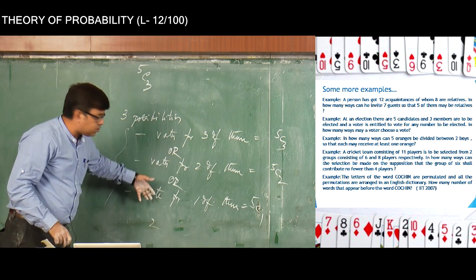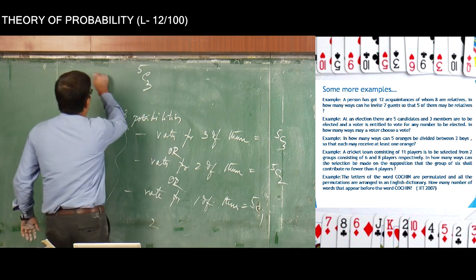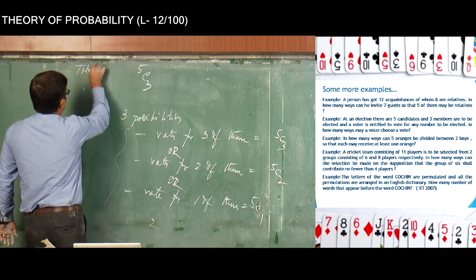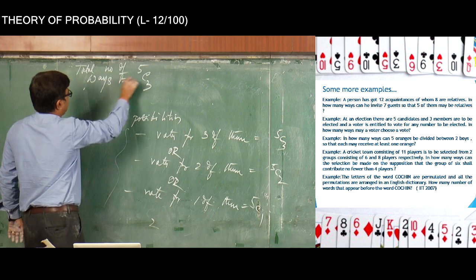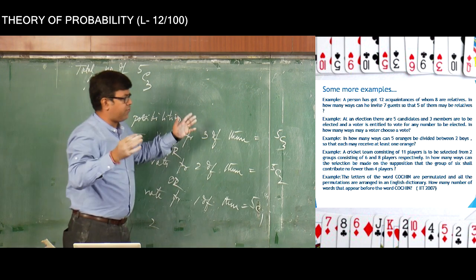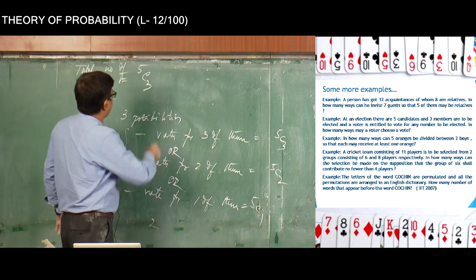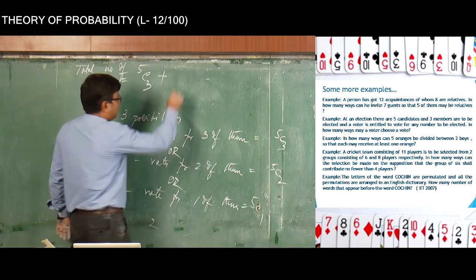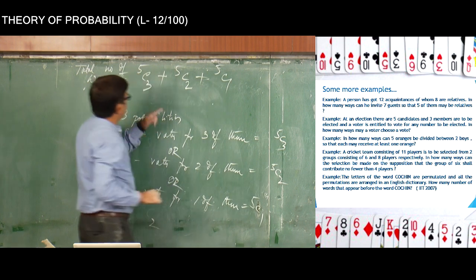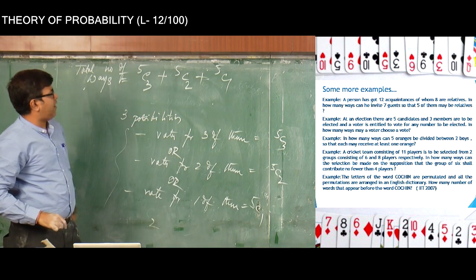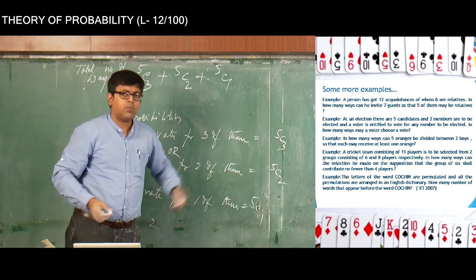Therefore, the total number of ways that he can vote from a possible 5 candidates at election will be 5C3 plus 5C2 plus 5C1. Just sum those values, and you will get the answer to this particular problem.